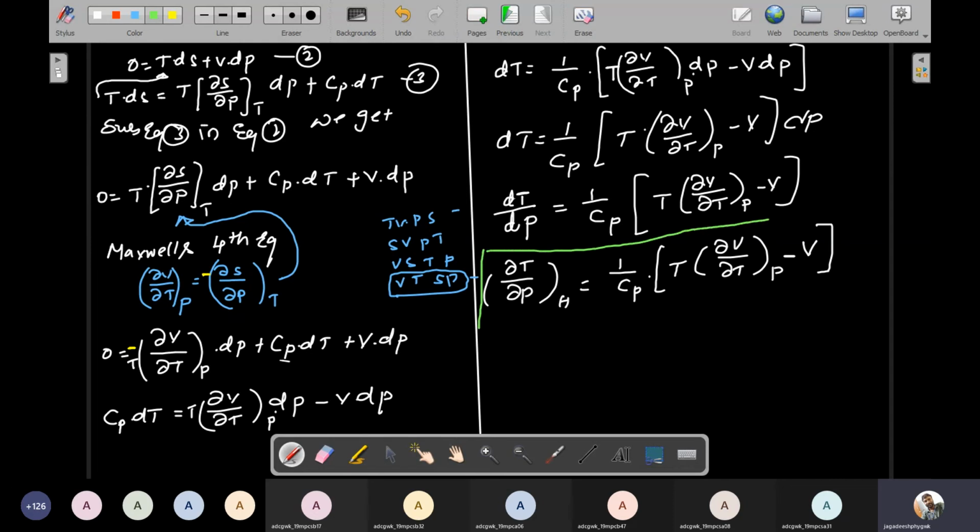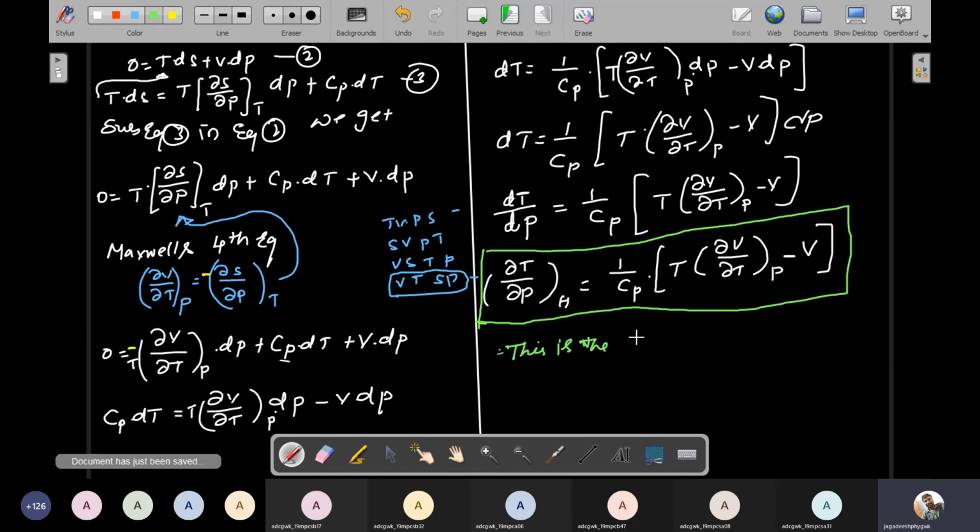This is called changing enthalpy, and this term dou T by dou P is called changing temperature. So this is the final expression.